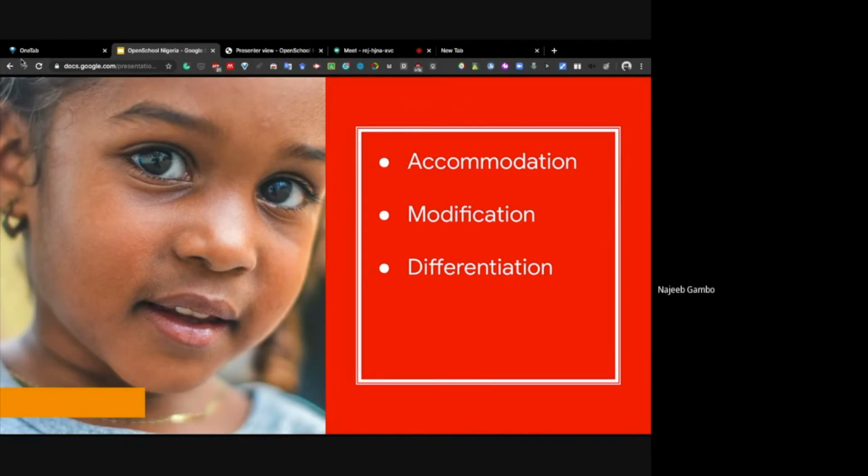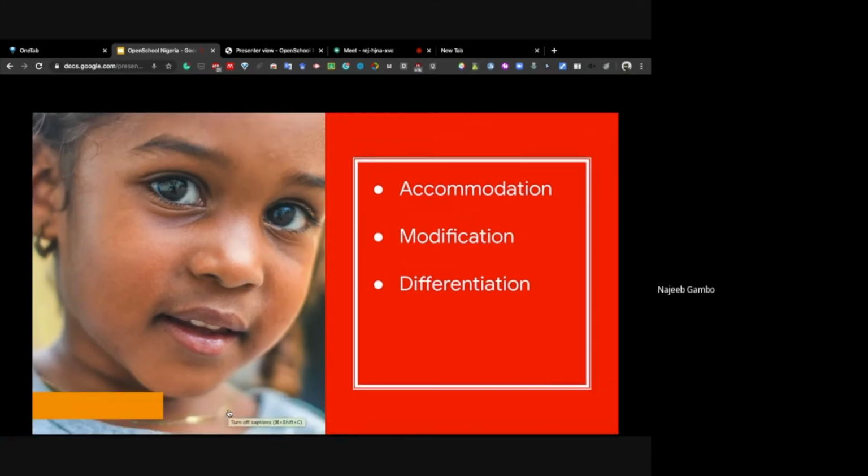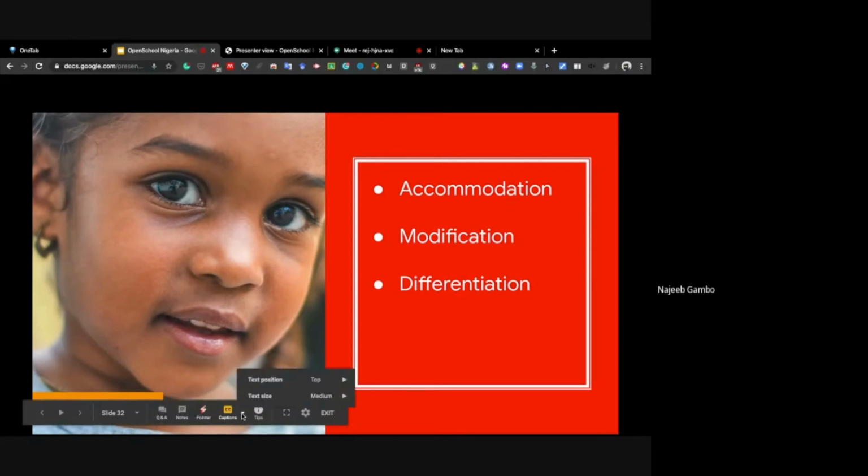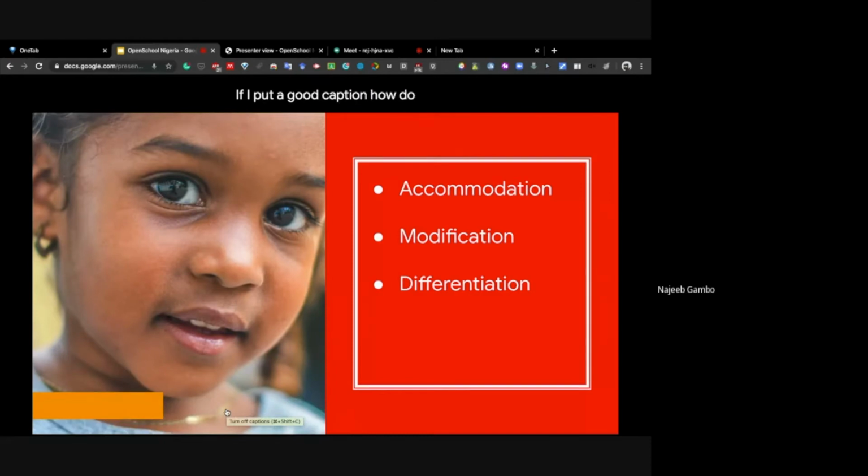For example, if we have a hard of hearing student here, with this tool, if I put on this caption, hard of hearing students could be able to follow what I'm saying. So that is what we call an accommodation.